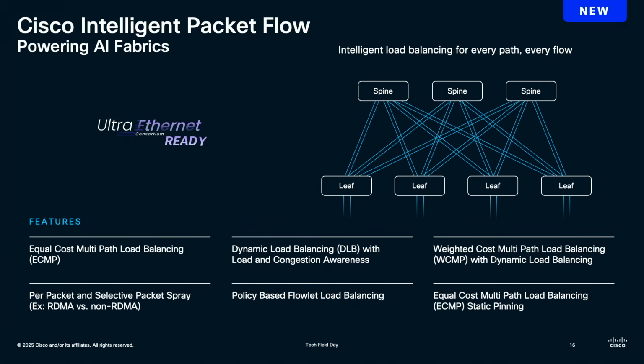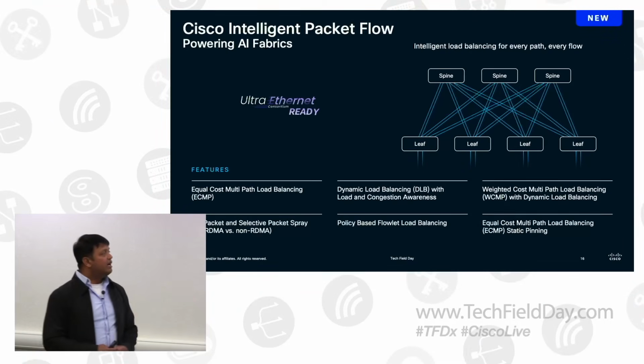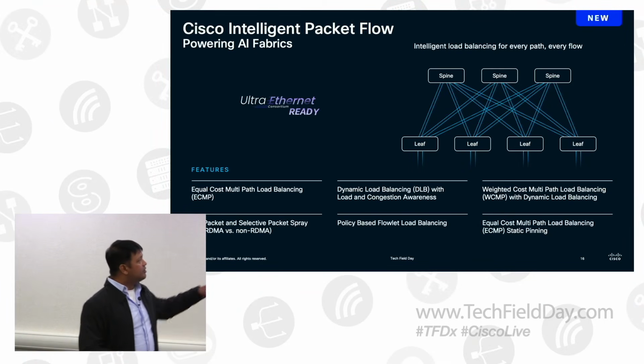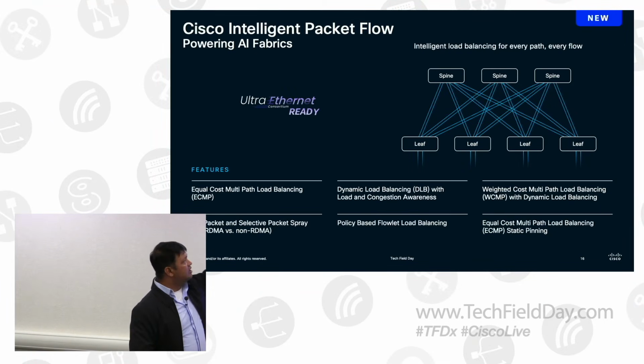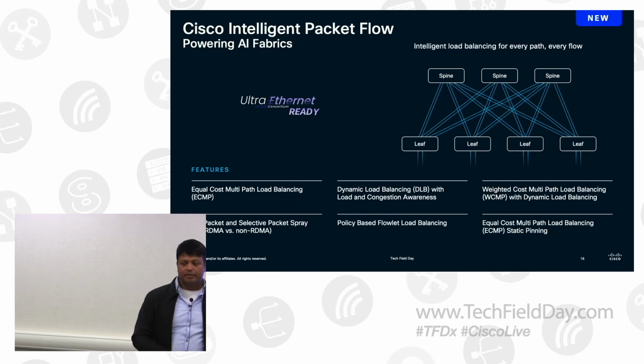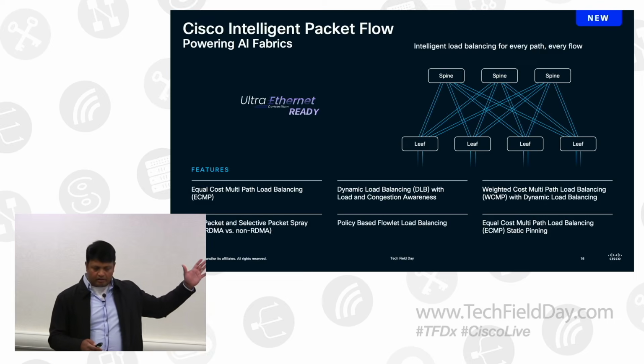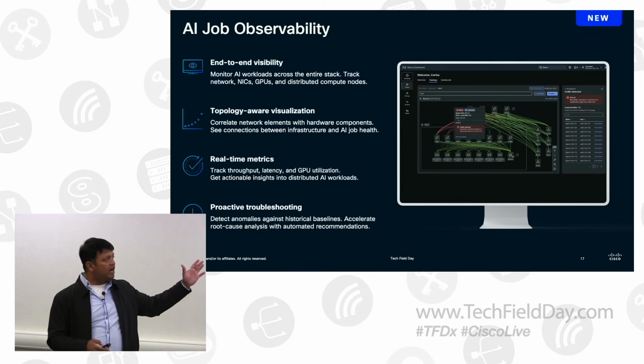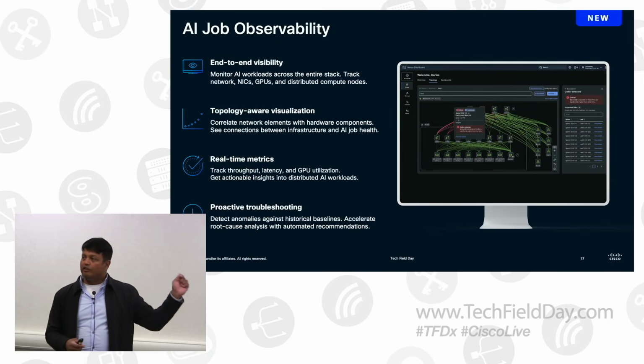From an AI/ML perspective, a lot of work has been done in creating very advanced load balancing mechanisms, right, to manage this traffic very well. These load balancing mechanisms we are branding under Cisco Intelligent Packet Flow. It comes with a lot of dynamic load balancing capabilities, but how do we have a good understanding of what is happening in your AI/ML cluster?